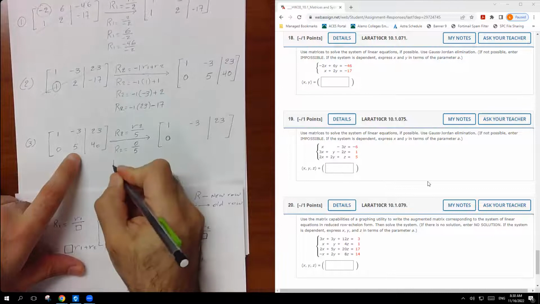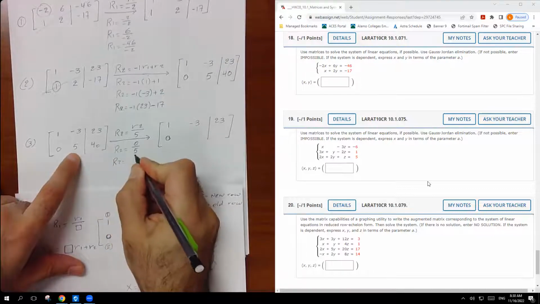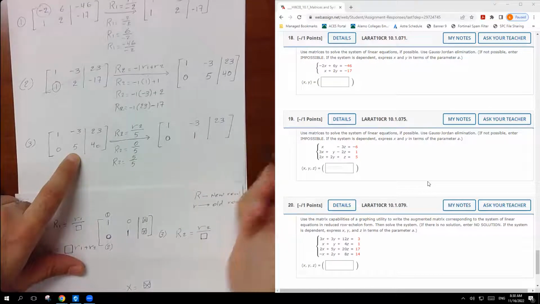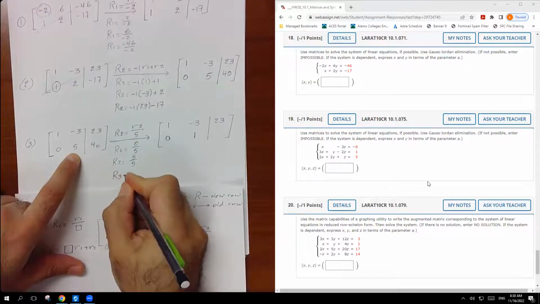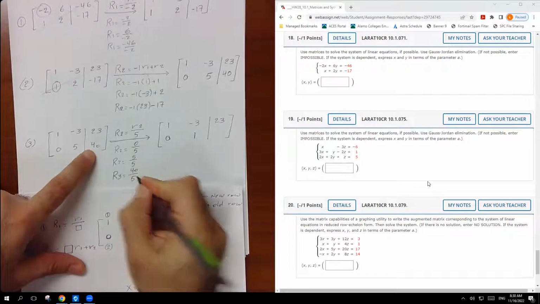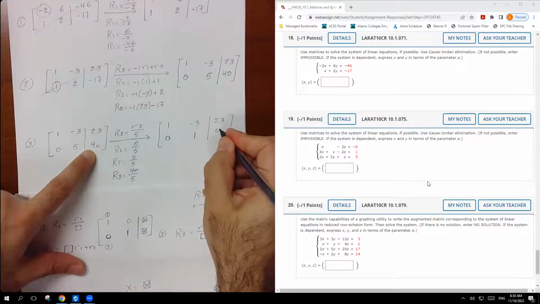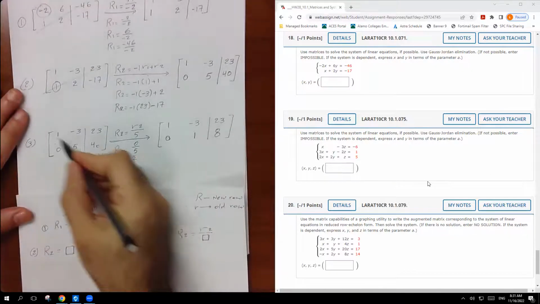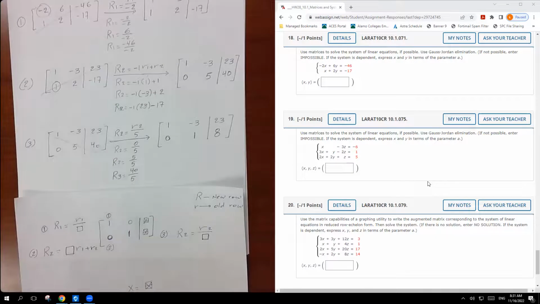The second element is going to be 5 divided by 5, which is going to be 1. The third element is going to be 40 divided by 5, which is going to be 8. So here is the new matrix. I'm not going to care about this one anymore. So this is step 3.